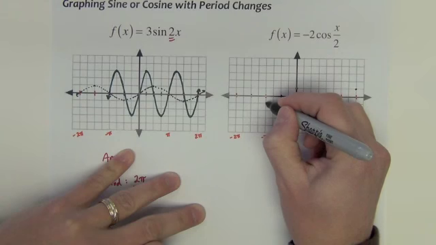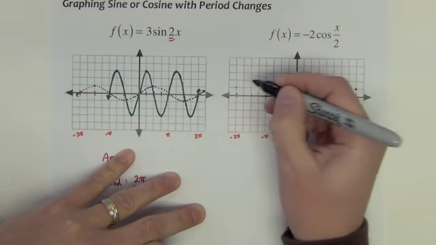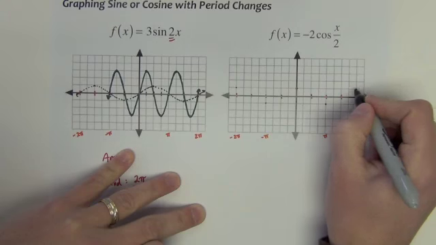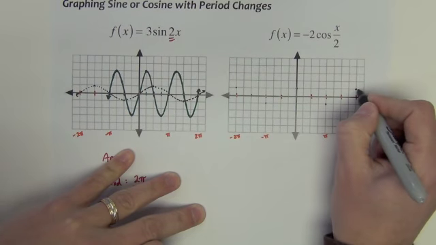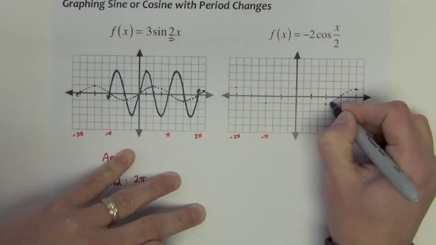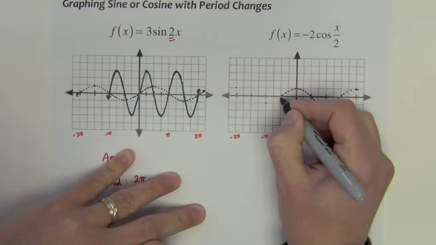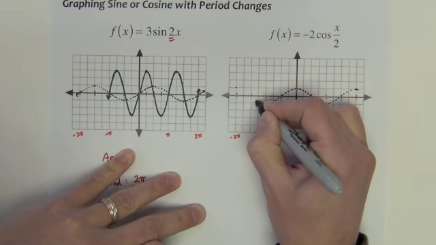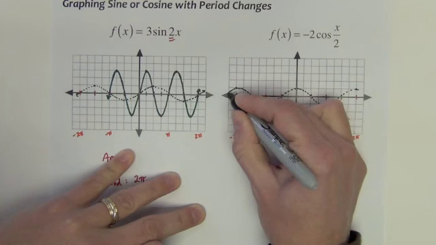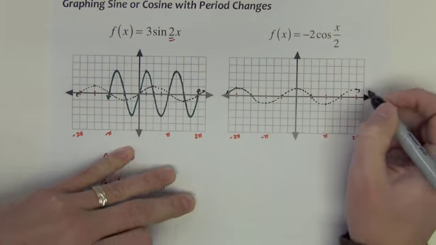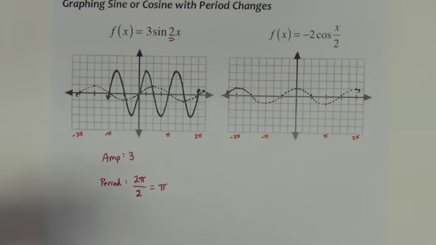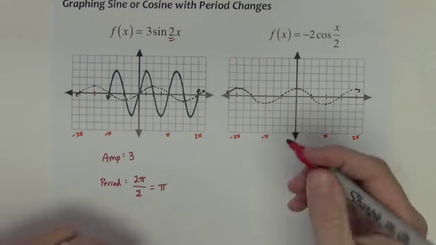Same thing over here. Okay, so the original cosine graph kind of looks like this. Now let's do this graph so we can again compare the differences between them, how they look different.